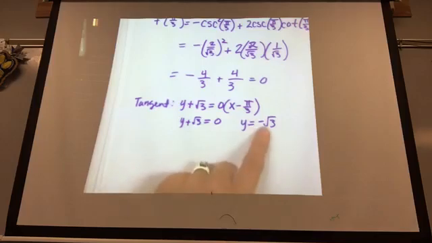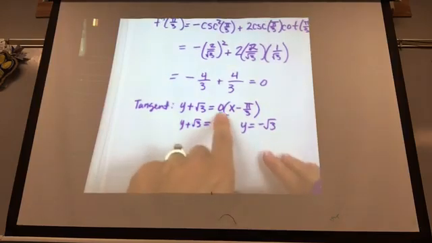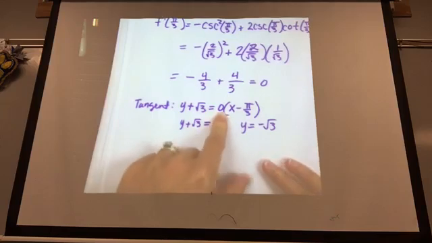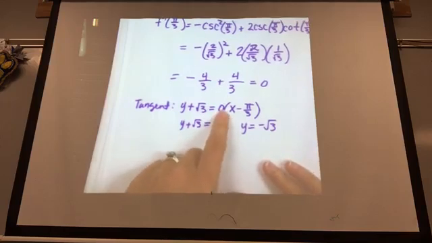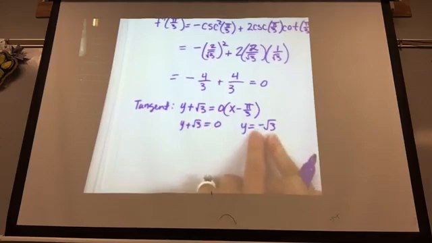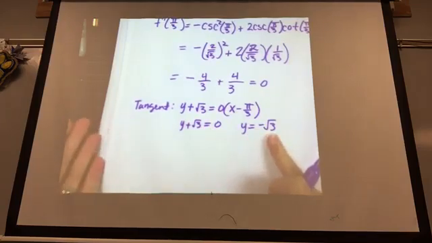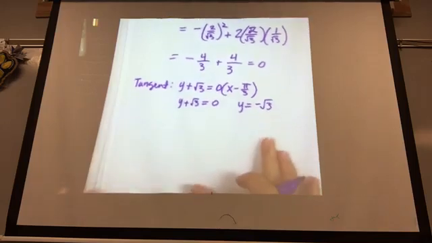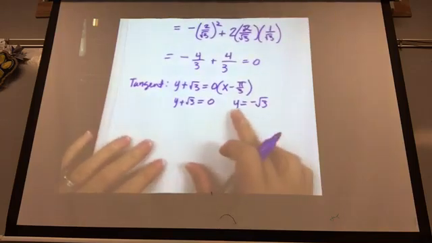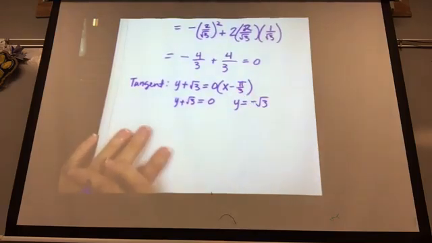And it's important to see that because I have to write the equation of the normal line. And remember, in normal lines, it's the exact same thing, except it has opposite reciprocal slope. But since this is a slope of 0, I know it's a horizontal line. So my normal line is going to be a vertical line, and its equation is going to be the x value.